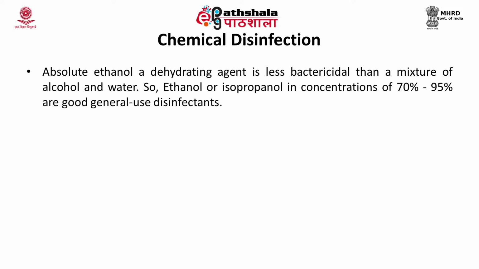Absolute ethanol is a dehydrating agent, so it has less bactericidal activity than a mixture of alcohol and water. That is why instead of absolute ethanol, 70 to 95% volume by volume concentration of ethanol or isopropanol is used as a general disinfectant.